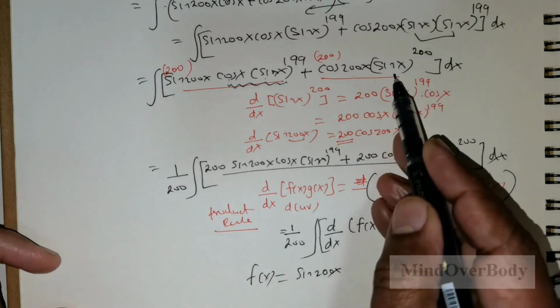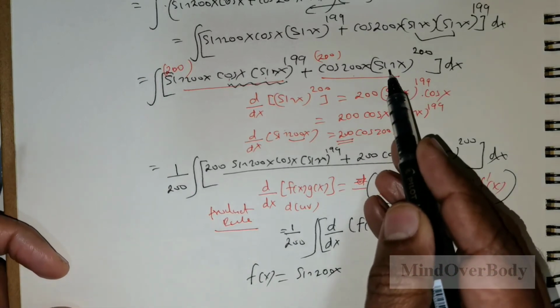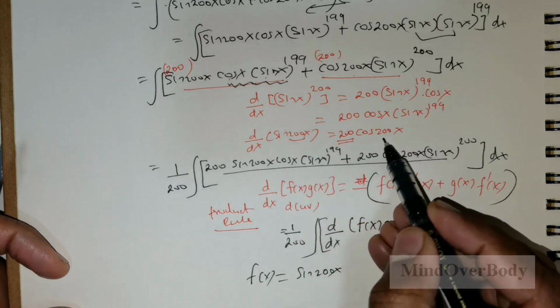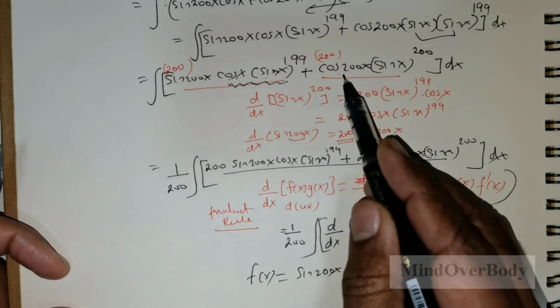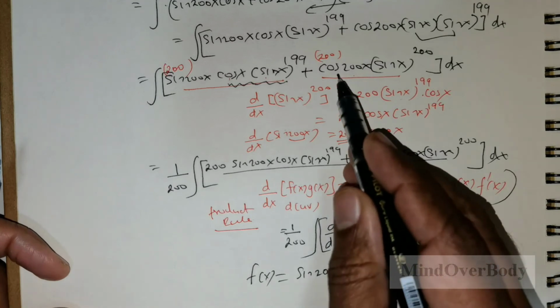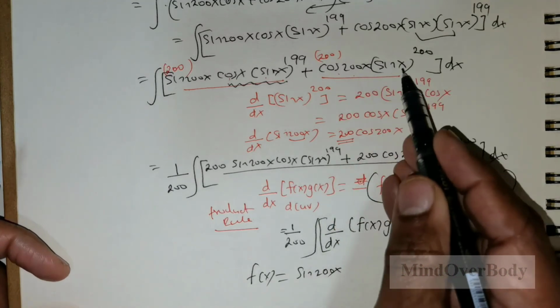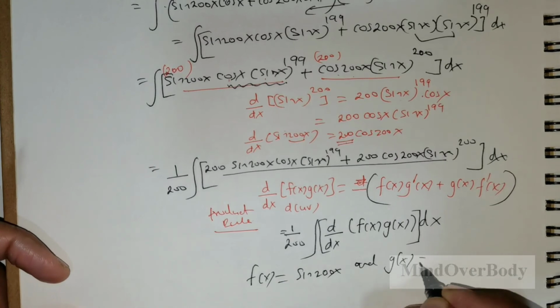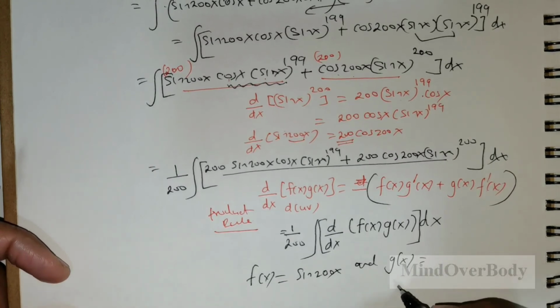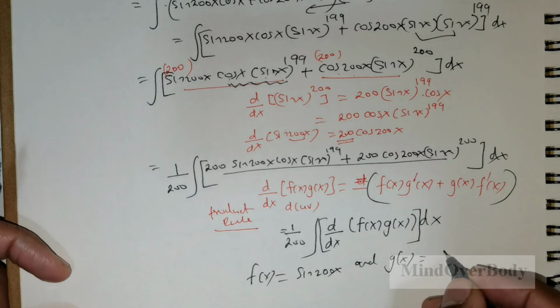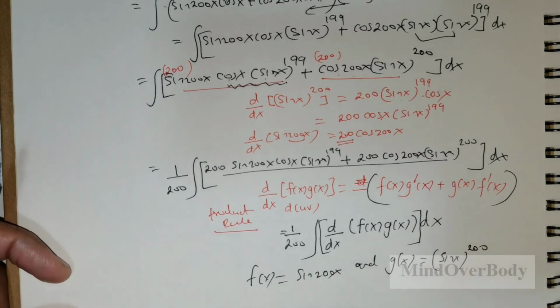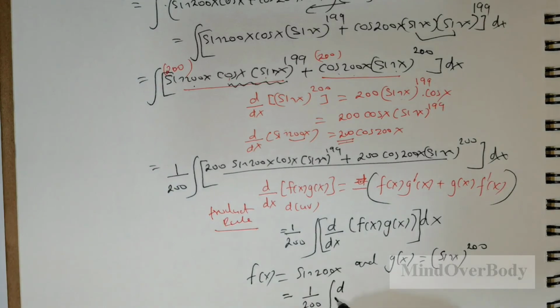So the second part will be my f dash of x. You can clearly see here, when you differentiate sin 200x, you get 200 times cos of 200x. So that is what f dash of x is here. So this is going to be my g of x, which is sin x raised to the power 200. Okay, so you can just substitute it there.